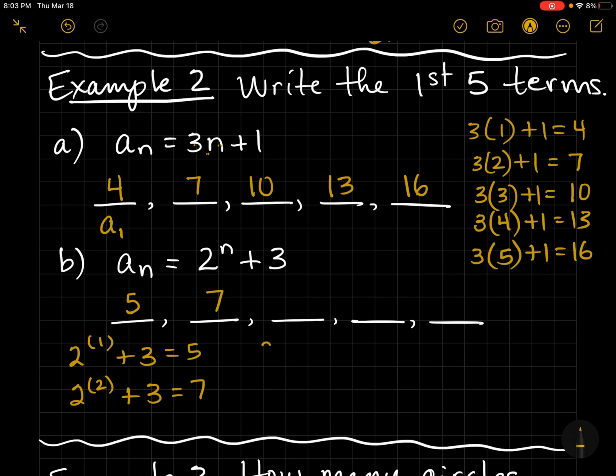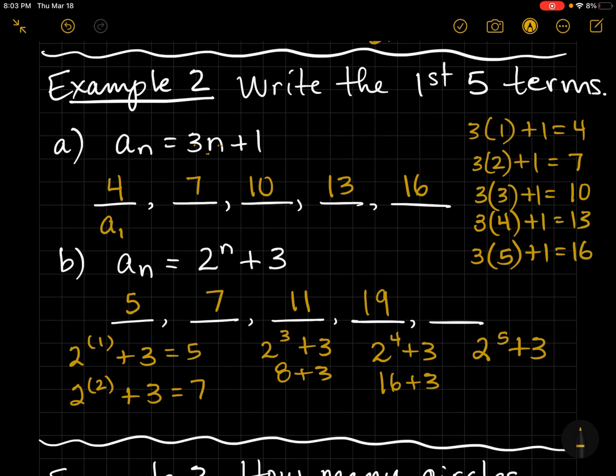And now let's see if we plug in 3 for the 3rd term, 2 cubed is 8, plus 3 is 11. And if we go 2 to the 4th power plus 3, that would be 16 plus 3 is 19. 2 to the 5th power plus 3, that'd be 32 plus 3 is 35.